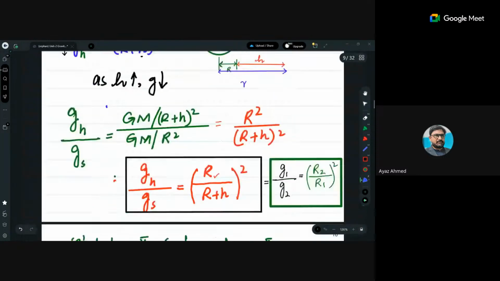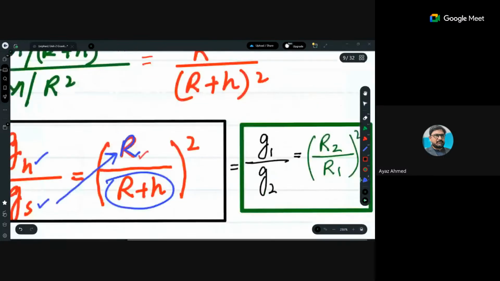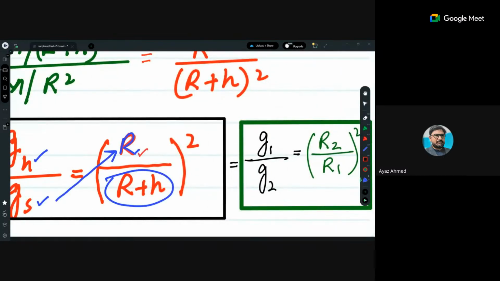That is, gravitational field strength at height divided by gravitational field strength at the surface is equal to radius of the planet divided by radius plus h, because that is inversely proportional. So this equation will help you: g1 divided by g2 is equal to r2 divided by r1.